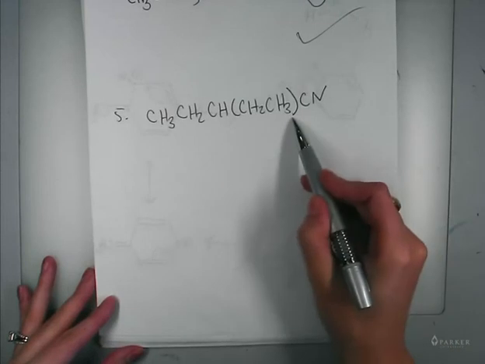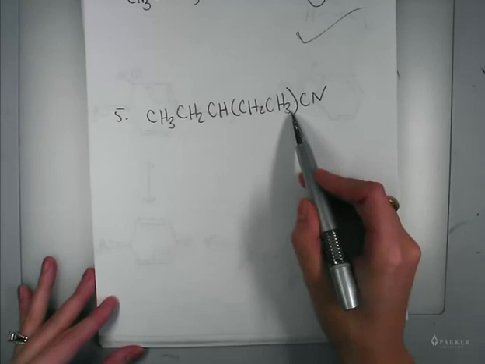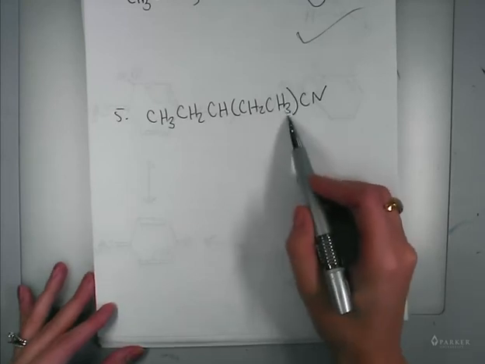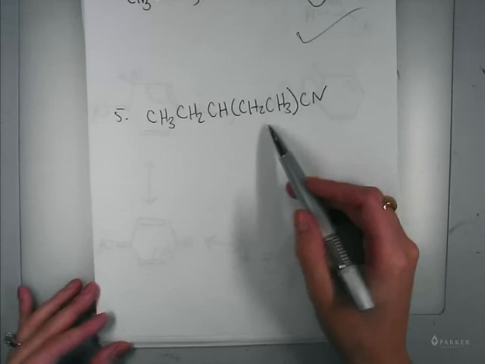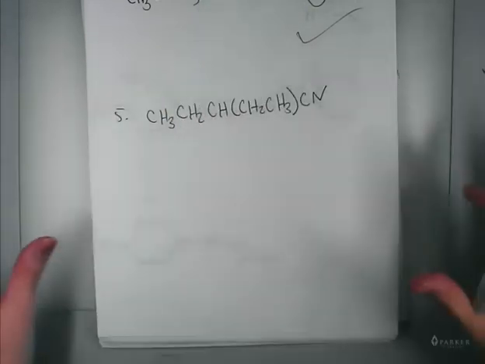Okay, what does the parentheses mean? There's a CH2 and a CH3, and it's branching off. It's not part of the main chain.